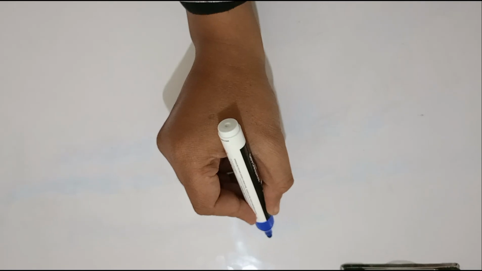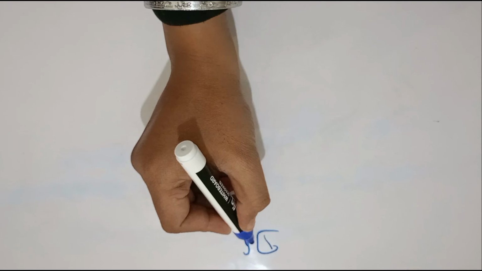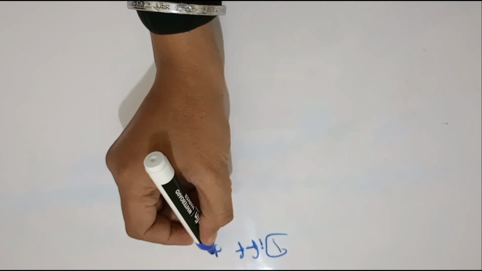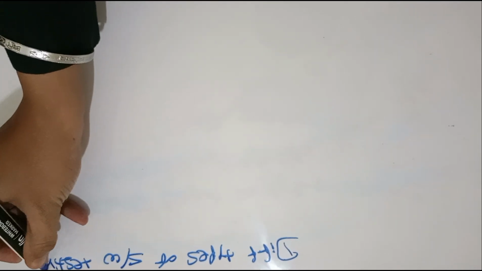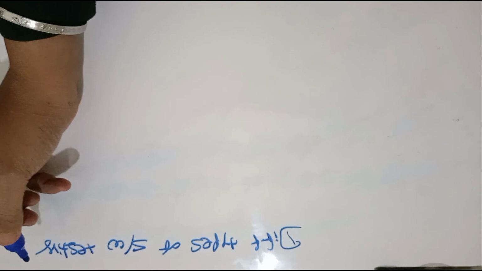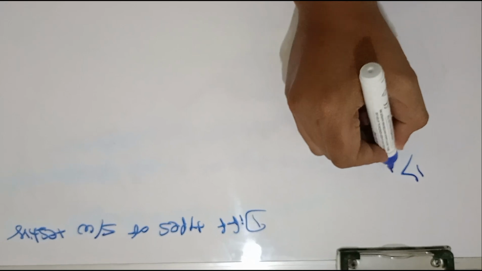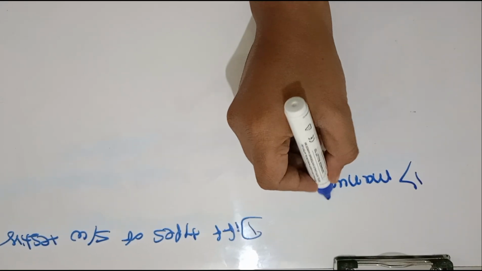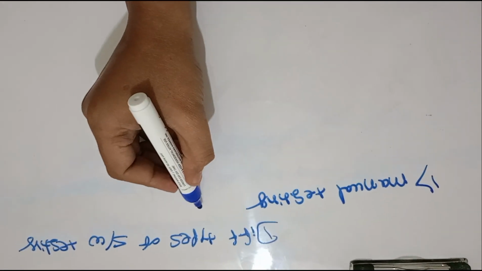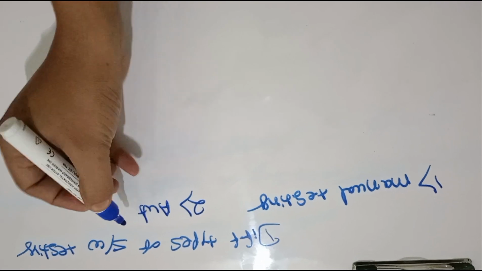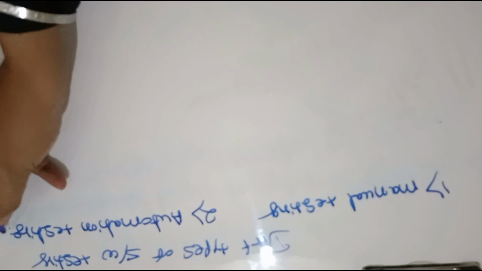So there are different types of software testing. Okay, so the first is manual testing, and second is automation testing.